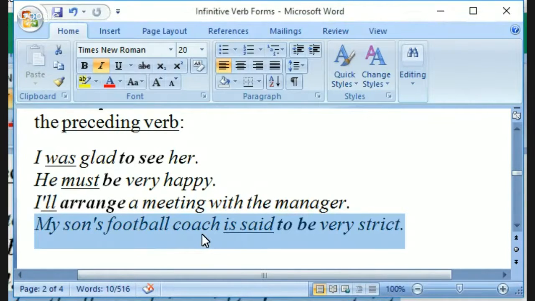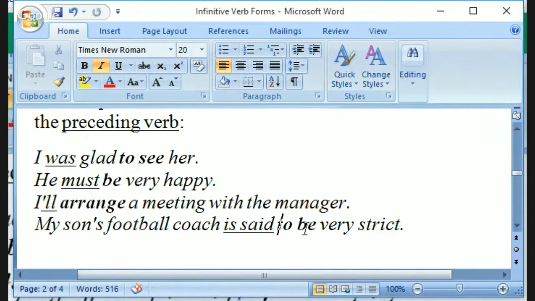My son's football coach is said to be very strict. Here we're using a passive form, present tense. It would be very normal just to say my son's football coach is very strict.